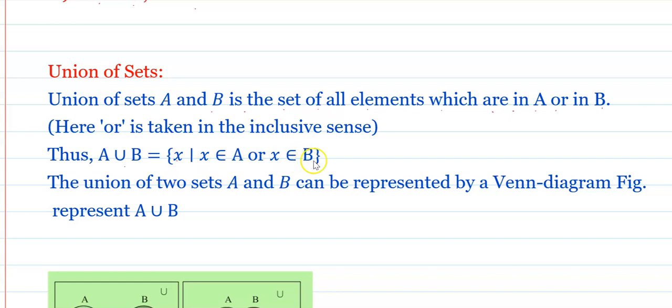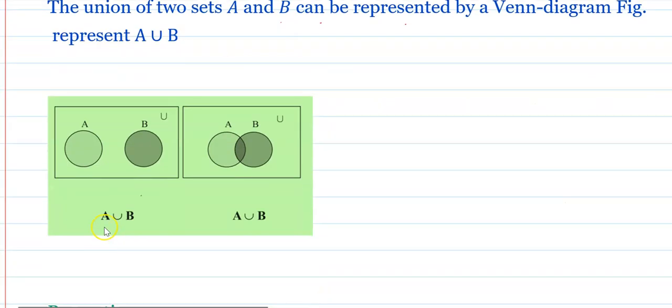That is called the union of the sets. The union of two sets A and B can be represented by the Venn diagram. A union B is like this or like this. If both of them do not have a common element, then we can write it like this. If they have a common element, then we can write A union B like this.